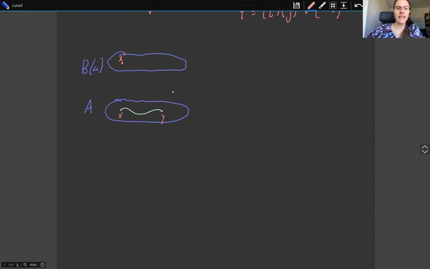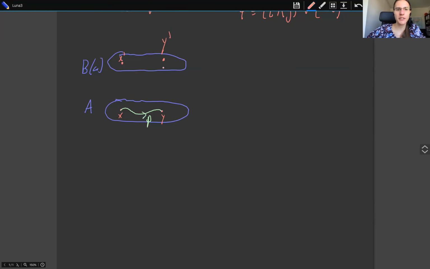Then suppose that I have another point Y prime here. What should it mean to give a dependent path from X prime to Y prime living over this path downstairs, P? Well, the answer was that you can take X to the fiber over Y using transport.